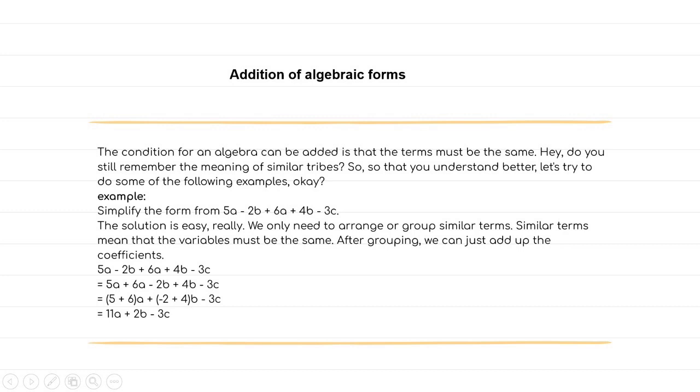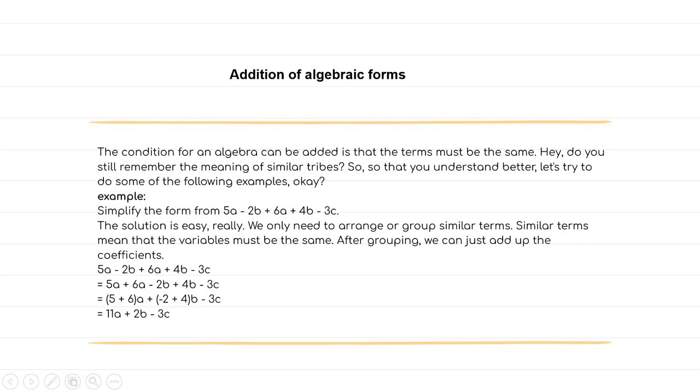Example: simplify the form 5a minus 2b plus 6a plus 4b minus 3c. The solution is easy, really. We only need to arrange or group similar terms. Similar terms mean that the variables must be the same.